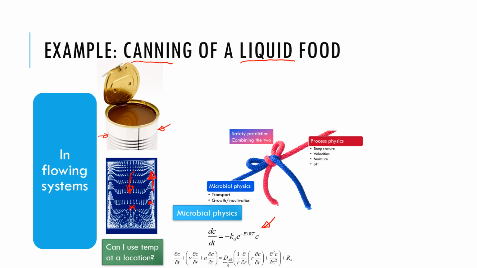So the framework, again, for this microbial physics is that transport equation for bacterial species that I reproduced here. Now, in that transport equation, where C is the bacterial concentration, if we ignore the Brownian motion or the motility of the bacteria, we can safely ignore the diffusion-like term for the bacteria.